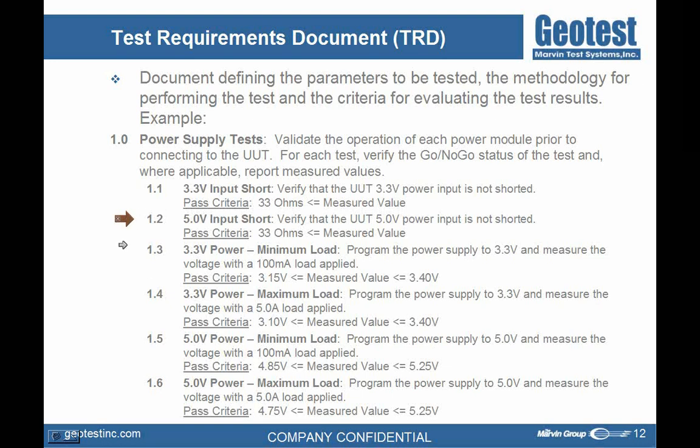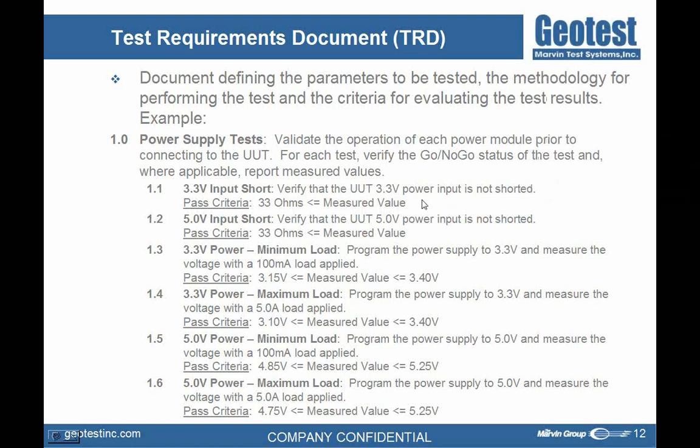And then we go through and we measure the power supply under various load conditions to make certain that the power supply is working properly. So all of these individual measurements or tests go into the task of testing the power supply. And again, you have multiple tasks associated with testing the UUT. So this whole concept of tasks and tests is something that's duplicated in the structure of ATEasy.